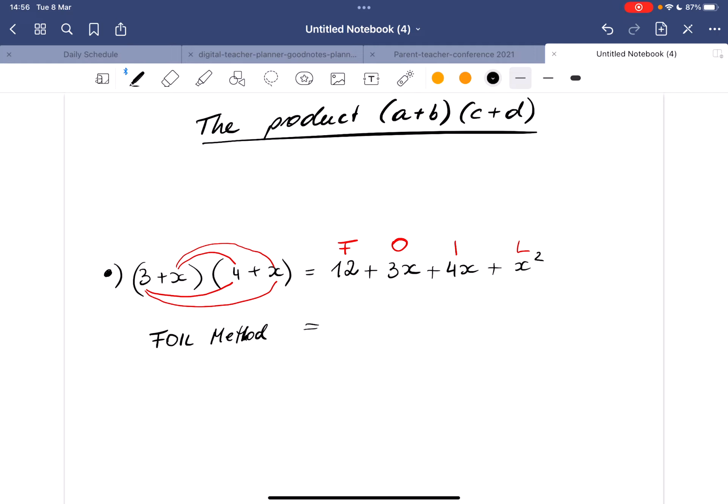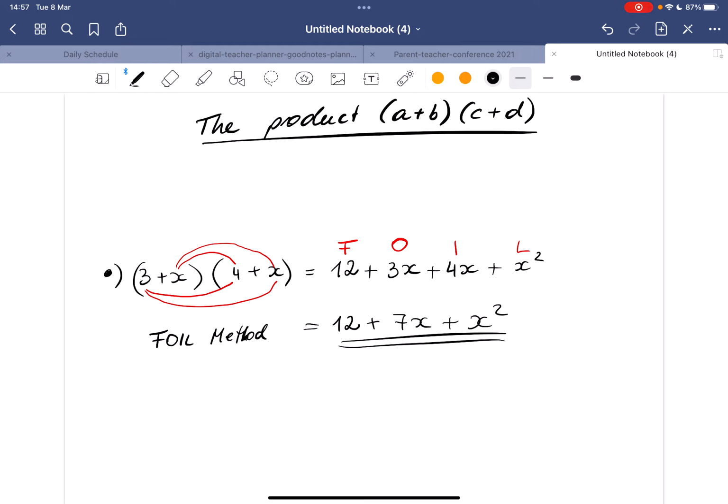I've got 12. There is no other number without a variable, so that stays 12. However, 3x, I've got another term that has just an x, which is this one. 3x plus 4x gives me 7x. And then I've got my plus x squared. And there I've got my answer.